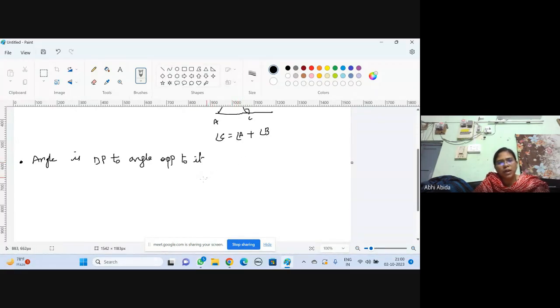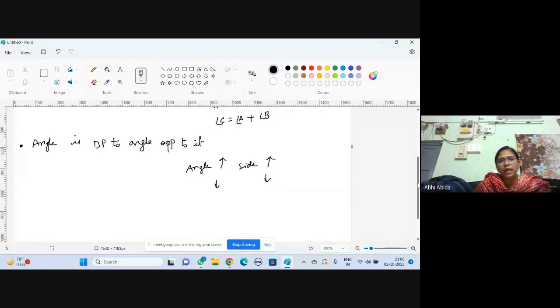Wherever the angle is increasing, the side opposite to it will also increase. If the angle is decreasing, the side opposite to it also decreases.